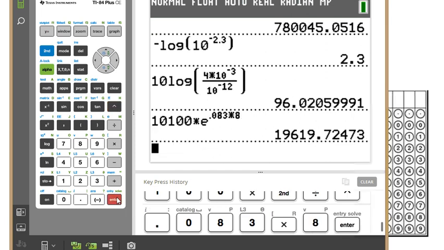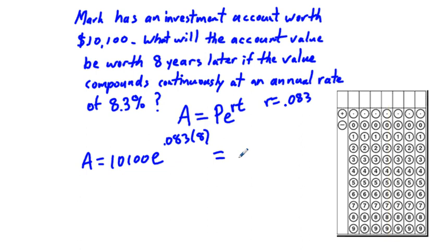That's going to give us $19,620, to the nearest dollar. And that's it.